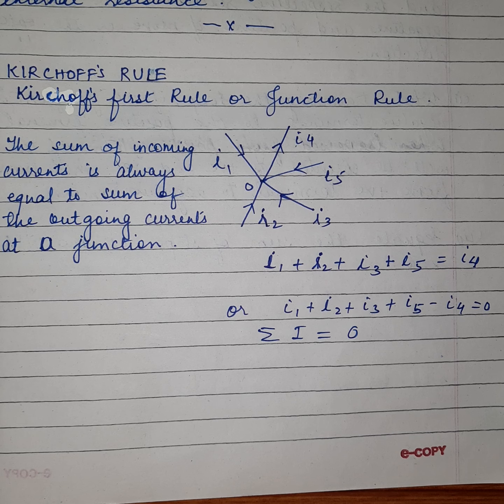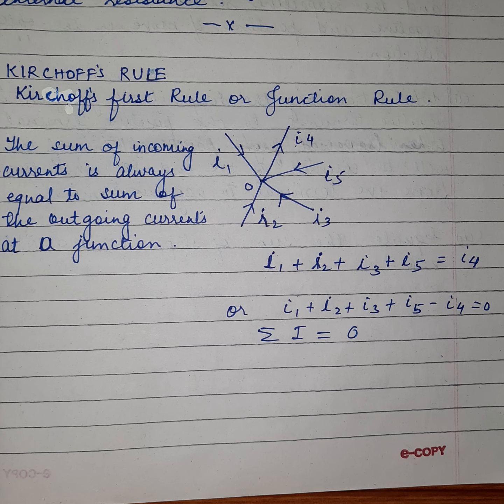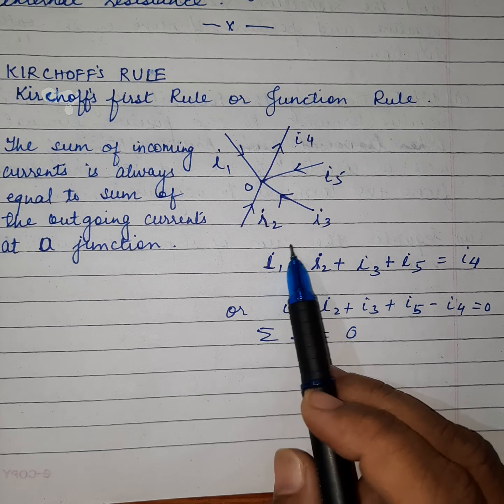This rule is based on the conservation of charge and reveals the fact that charge cannot accumulate at any point in a circuit. The total charge entering a junction in a certain time is always equal to the total charge that leaves it in the same time.